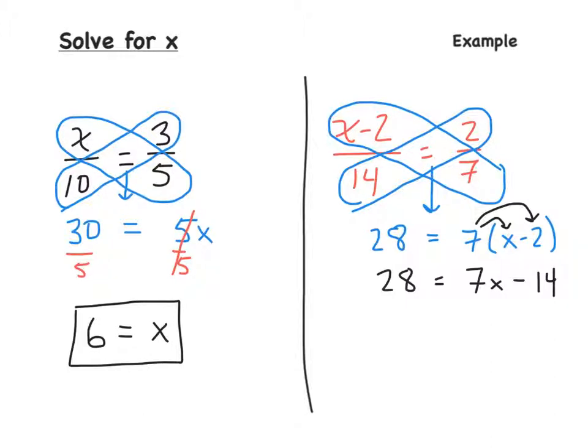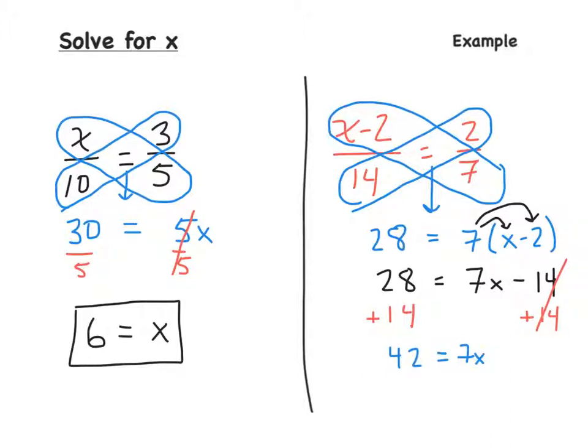So from here, what is the opposite of minus 14? The opposite is to add 14. Add 14 to both sides. So the right side cancels out. All that we have on the right side is the 7x. So 28 plus 14 is 42.